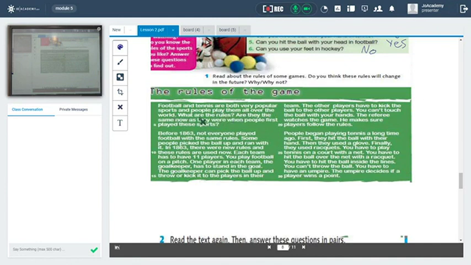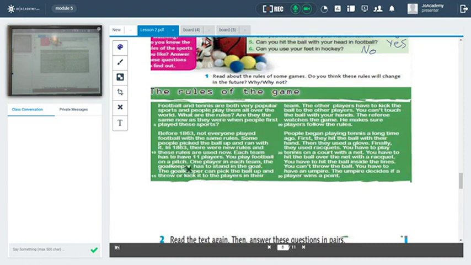Are they the same now as they were when people first played these sports? Before 1863, not everyone played football with the same rules. Some people picked the ball up and ran with it. In 1863, there were new rules, and these rules are used now.